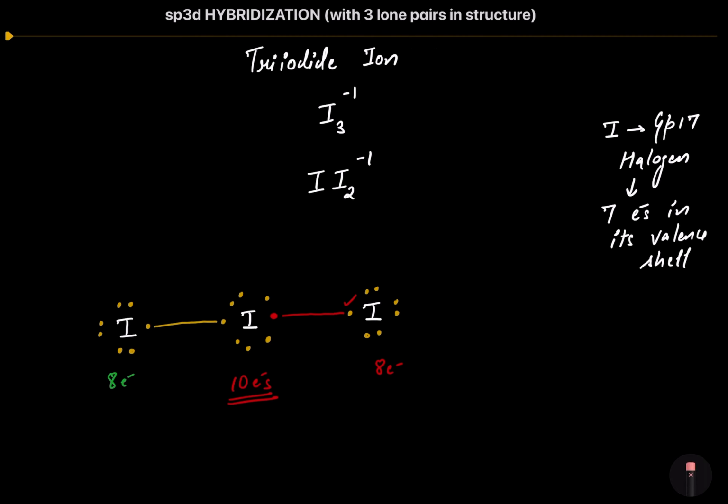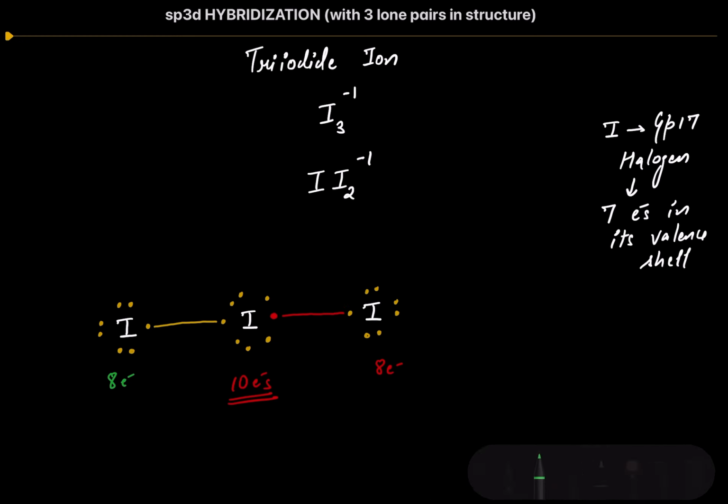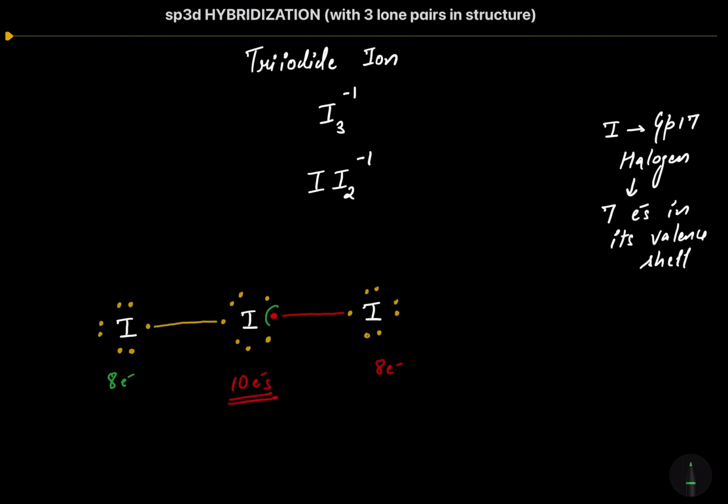Here you can easily observe that we have added one extra electron in the second iodine, due to which this second iodine will carry a 1 unit negative charge. That's why it's tri-iodide ion I3 1 negative, because the middle iodine is having one extra electron.